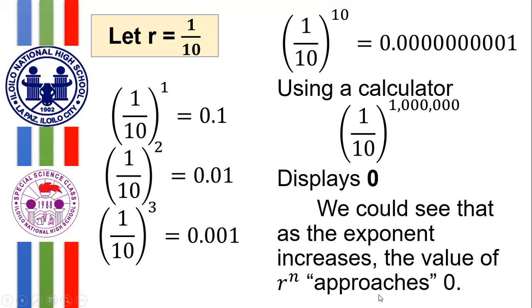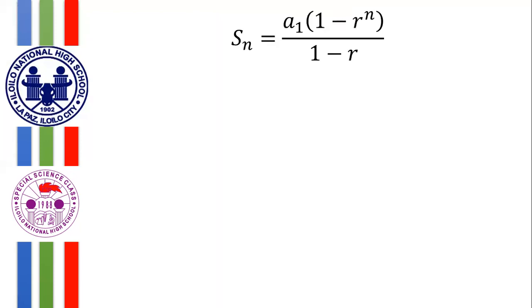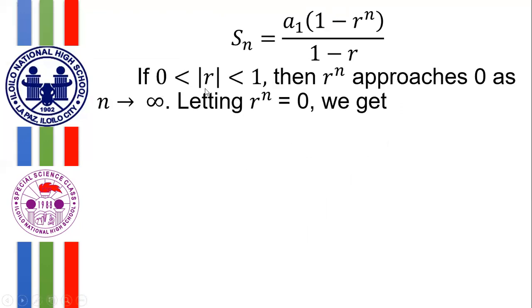When I say approaches, it's not really 0, but this number keeps getting smaller and smaller that it's very close to 0. That is why if you are given this formula, if the absolute value of your common ratio is between 0 and 1, then r raised to n approaches 0 as n approaches infinity, or as n becomes very, very, very large.